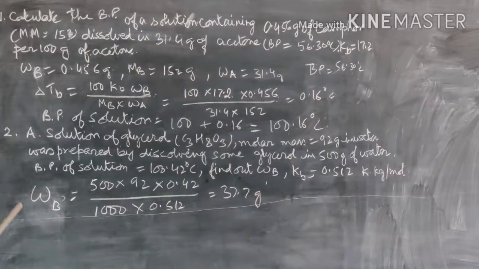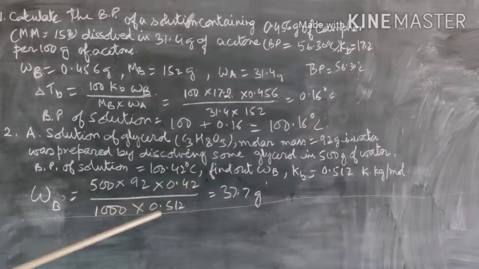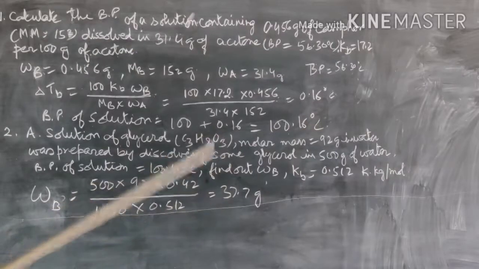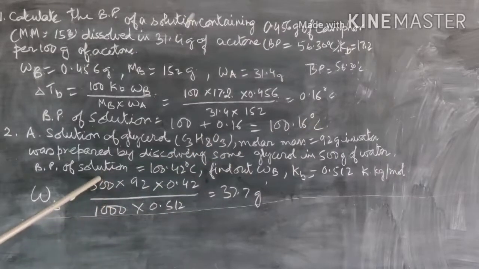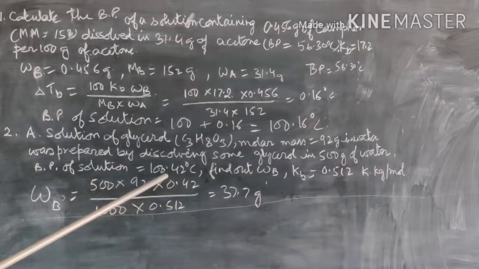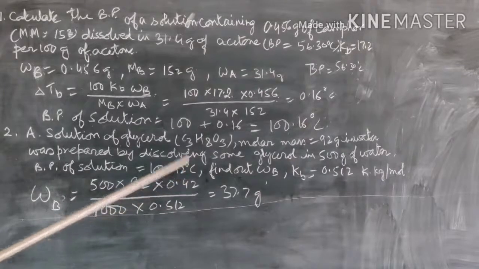This is the mass of the solute which is asked in the numerical problem. I am repeating, this is a solution of glycerol. Molar mass of glycerol is given as 92 gram and the mass of solvent is 500 gram. Delta Tb is equal to the boiling point of the solution minus the boiling point of the solvent.